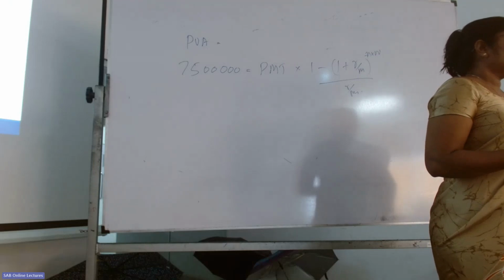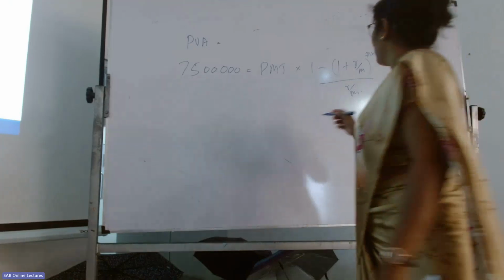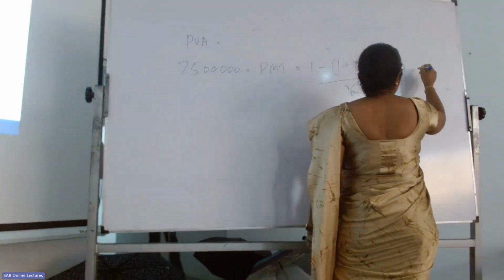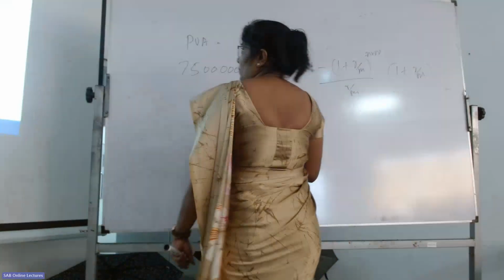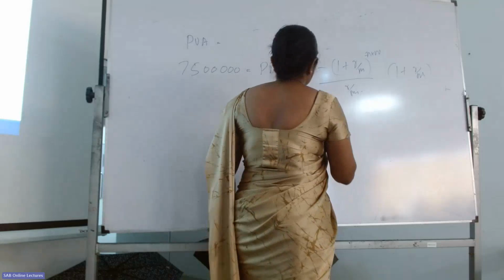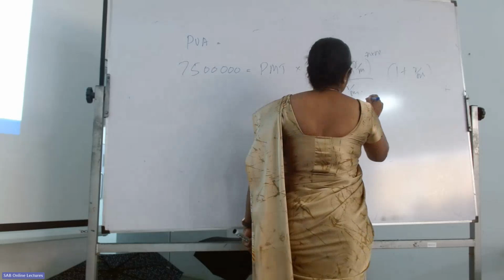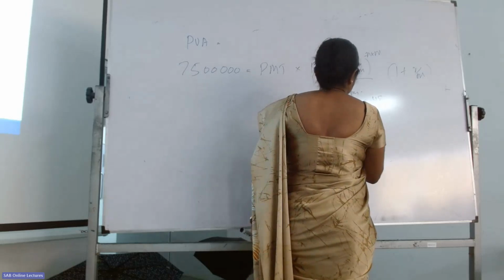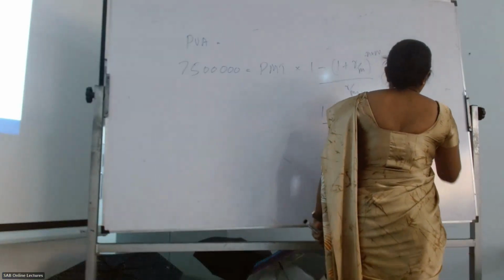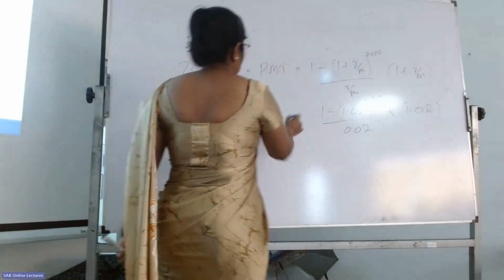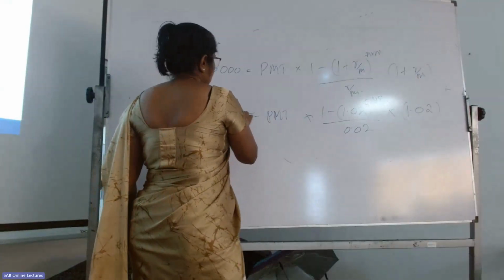It means this is an annuity due, so you have to multiply by 1 plus R. With 24% per annum, monthly it is 2%. So 1 minus 1.02 to the power minus 48, divided by 0.02, multiplied by 1.02, and this should equal 7.5 million. How much is this?